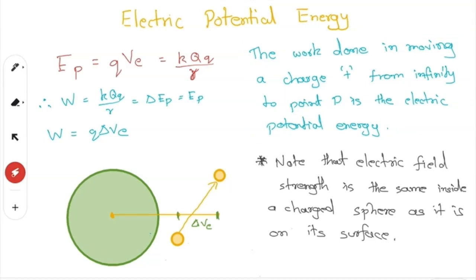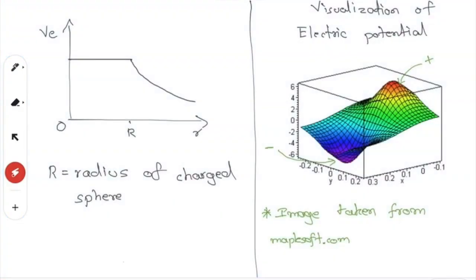Alright, and so I've also written down the definition for electric potential energy. Now we're going to look at this point here. The electric field strength is the same inside a sphere as it is on its surface. So if we look at the graph on the left, if we have a sphere of radius r, well then at this point and everything up until this distance from the center of the sphere, we're going to have the same maximum electric potential.